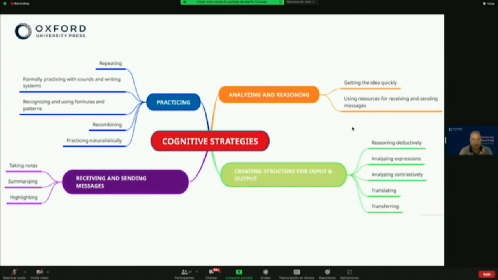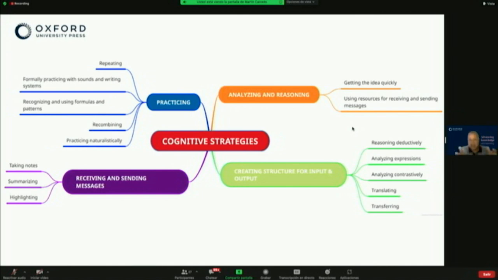In practicing, we have repeating, formally practicing with sounds and writing systems, understanding the grammar, the morphosyntactic aspects of the language, recognizing and using formulas and patterns, what goes first, subject verb agreement, that kind of deductive teaching has to be present there. Recombining to create new text and practicing in a natural environment.